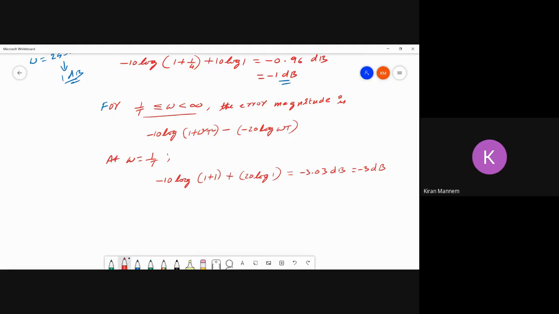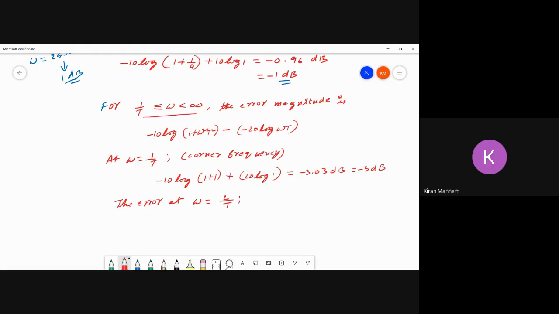Now, let us look at another point, that is at double the corner frequency. You want to find out the error at twice the corner frequency, that is omega equal to 2 by t.